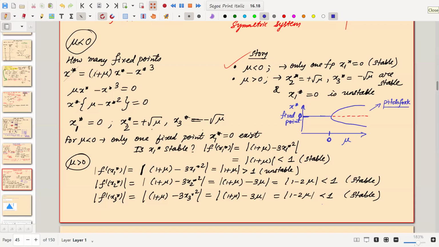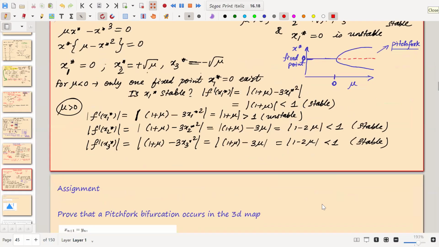Okay. Now, why should you believe me? Is it a bifurcation? You have to check the derivative at mu equal to 0. At mu equal to 0, what is the value of the derivative? 1 plus mu, at mu equal to 0, is 1, minus 3x star square, and x star is also 0 because mu equal to 0.